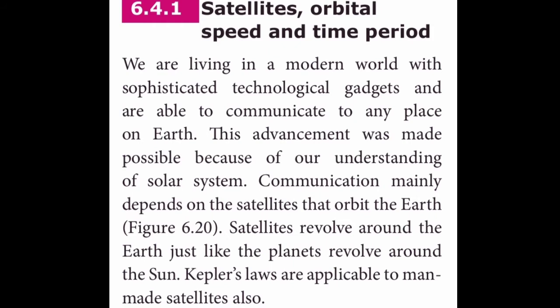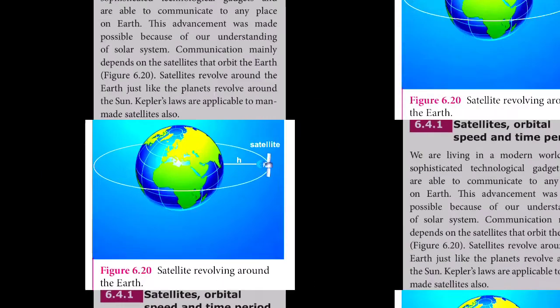The rocket moves at a certain speed to escape the earth's surface. Also it will place the satellite at a certain distance, that is called the orbital distance. Then what is the time taken to rotate the satellite in an orbit? All these things we are going to study in this concept.